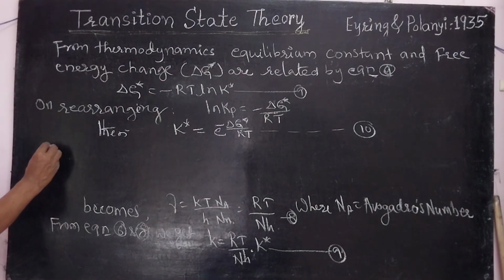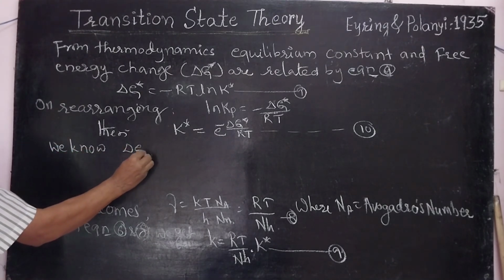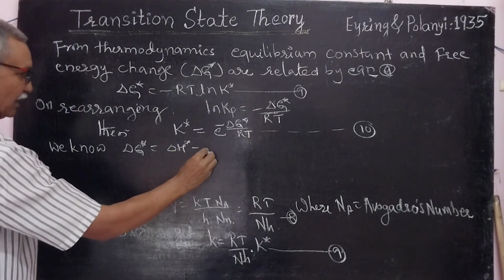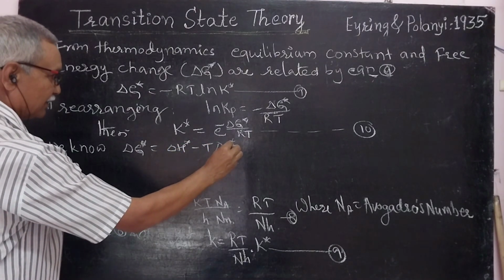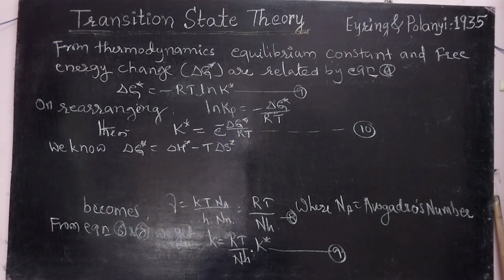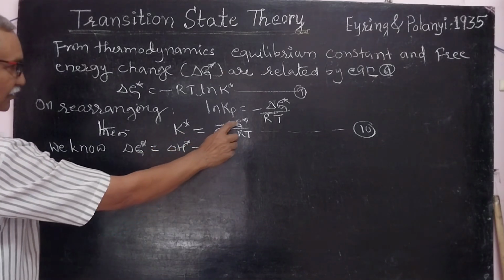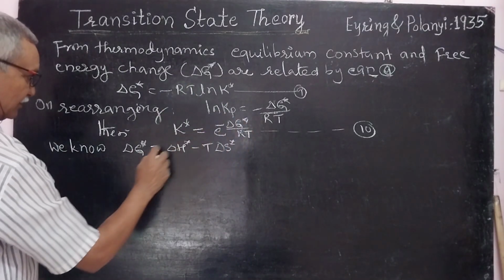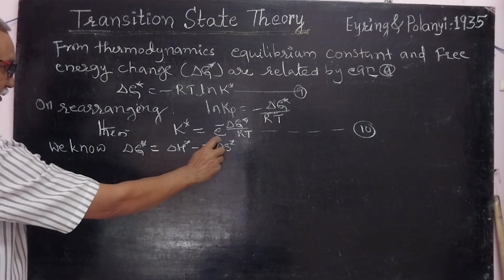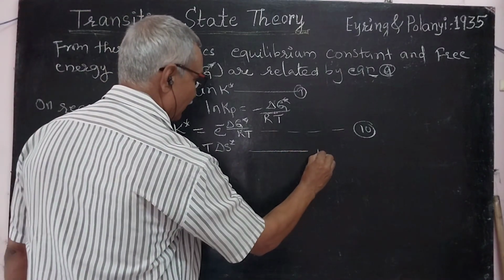We know delta G star is equal to delta H star minus T delta S star, according to the Gibbs-Helmholtz equation. Substituting this value of delta G star, we get equation 11.